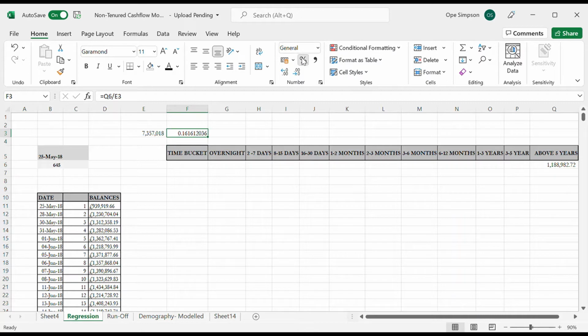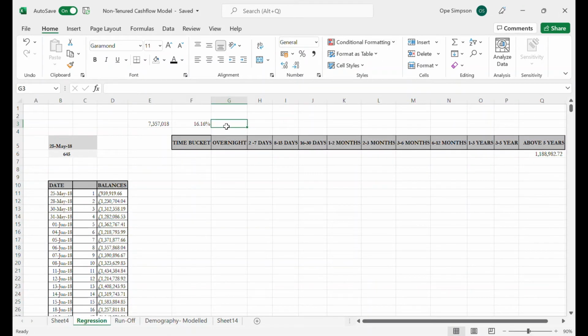One of the issues with using the regression method for modeling cash flows is that while it lets you know what your core deposits are, it does nothing to tell you what your non-core deposits are. To rephrase that properly, while we do know that 16.16% of our current deposits is our core deposits, we do not know how to allocate the remaining non-core deposits.